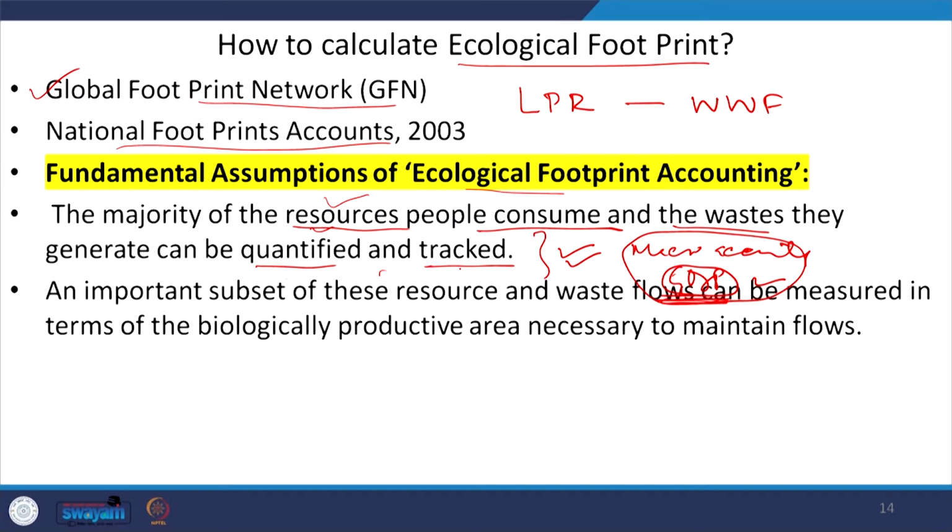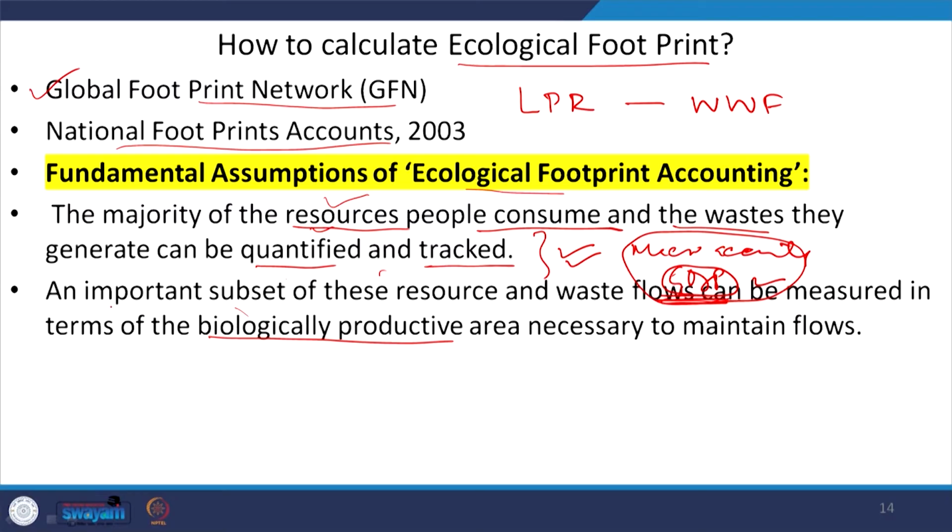The second fundamental assumption that this ecological footprint accounting is making is that an important subset of this resource and waste flow can be measured in terms of two concepts. The first one is biologically productive area and the second is in terms of ecological footprint.